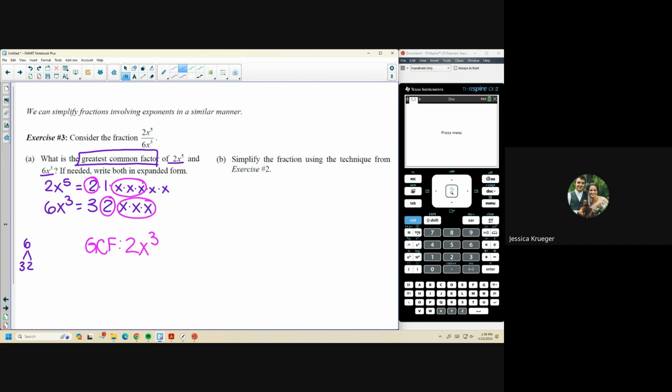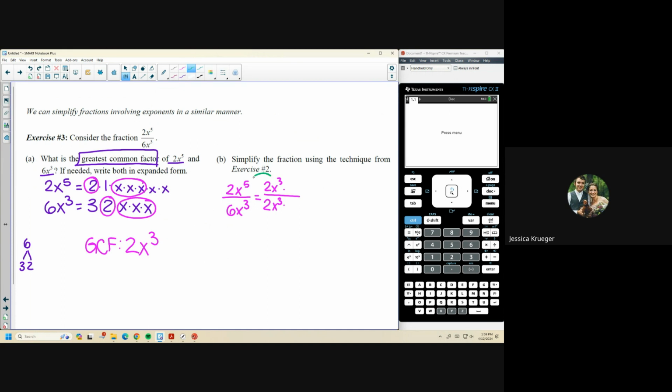My second step is to simplify the fraction using the GCF. So my original fraction was 2x to the fifth over 6x to the third. But we decided that 2x to the third was a common factor to the numerator and the denominator, which means I should be able to write the numerator and denominator as 2x to the third times something else. 2x to the third.